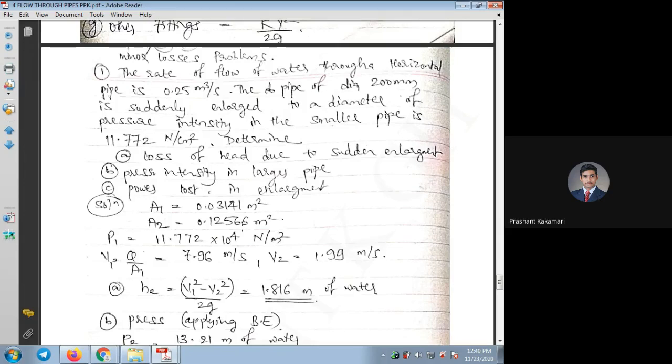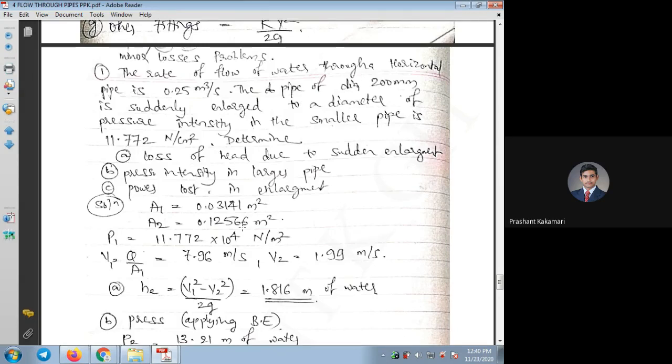So area 1, as per the diameter of the small pipe, 200 mm before sudden enlargement, is 0.03141 meter square. A2, the area of the sudden enlargement pipe, is 0.12566 meter square. From this one can find out diameter D2.